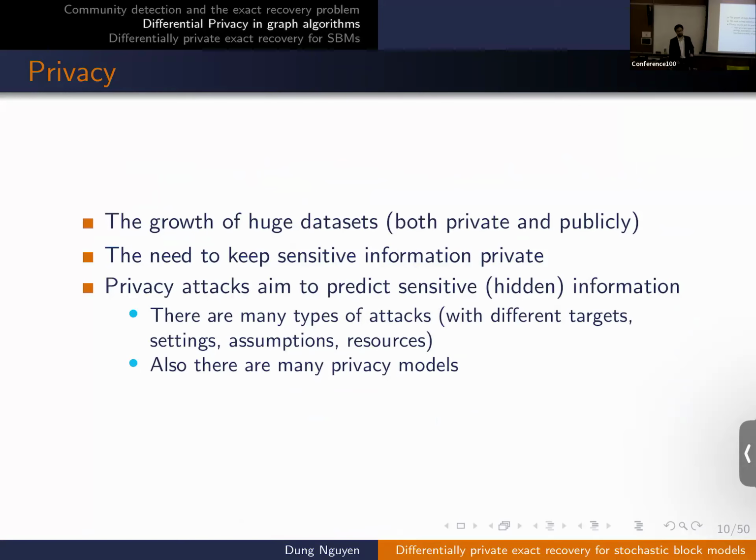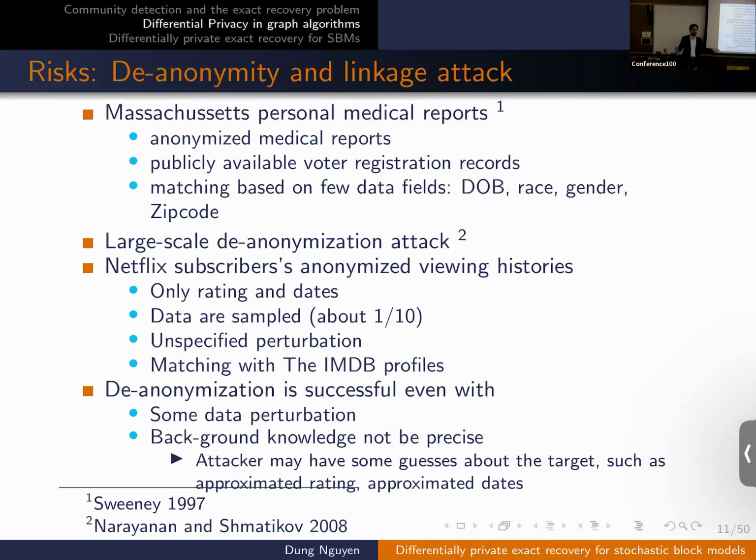Now I move to the privacy part of the work. Nowadays, a lot of sensitive data is out there, and people have shown there are many ways to retrieve sensitive data from public data sets.